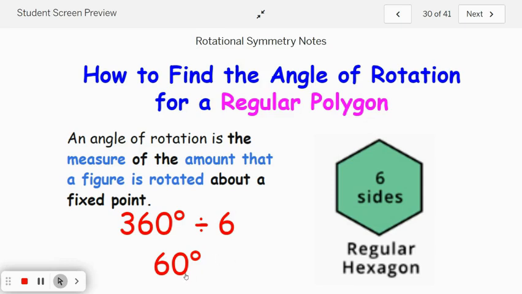I could rotate it 60 degrees. In fact, I could rotate it any multiple of 60 degrees. I could rotate it 60, 120, 180. You get the idea. But this is my formula that's going to help me know the angle of rotation for a regular polygon.